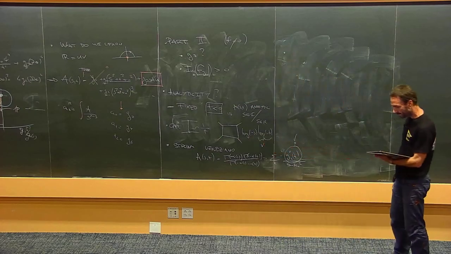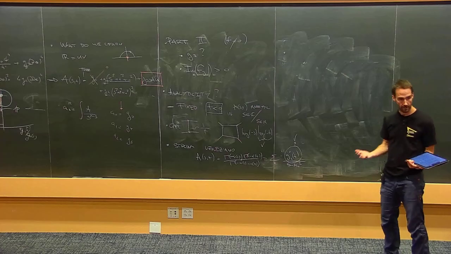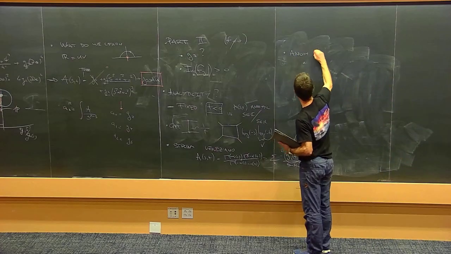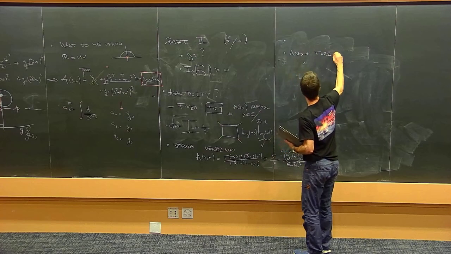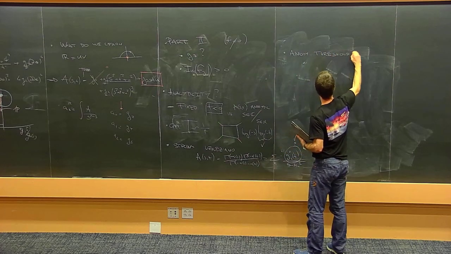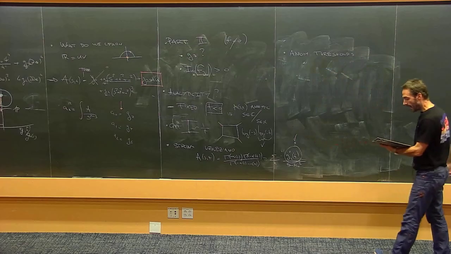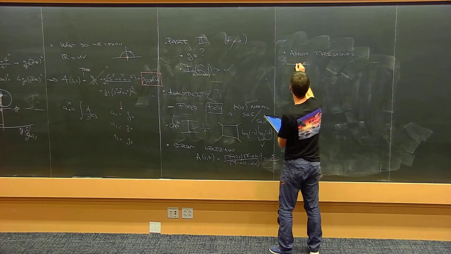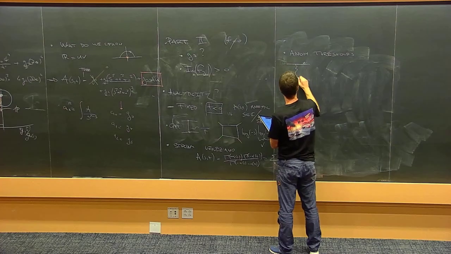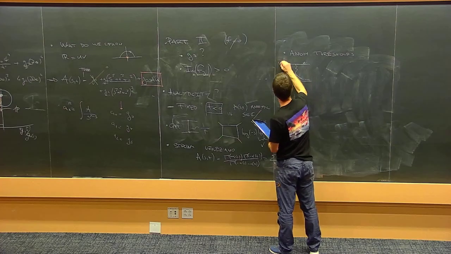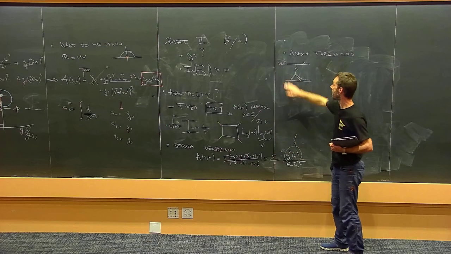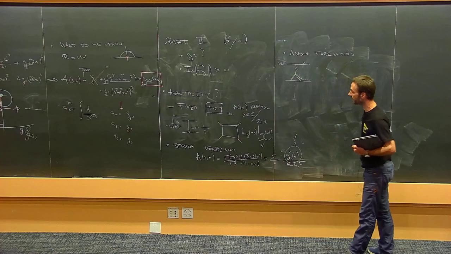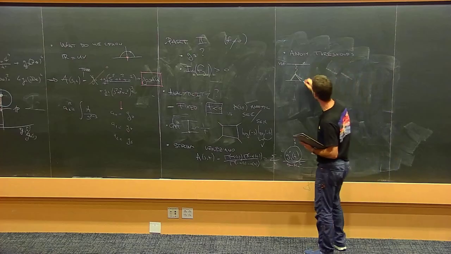And last but not least, you might have heard of these anomalous thresholds. These are examples where, an example of this is a diagram of this type. In a theory, we have our usual particle with mass m that so far will be taken to 0, but I'll just write it here in generality.